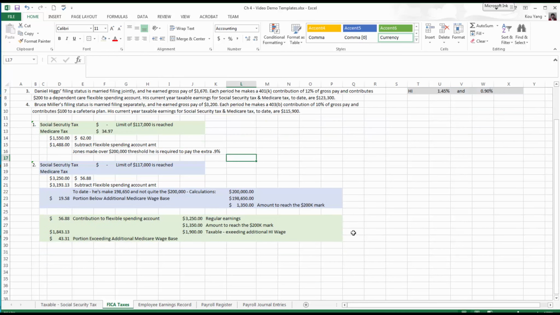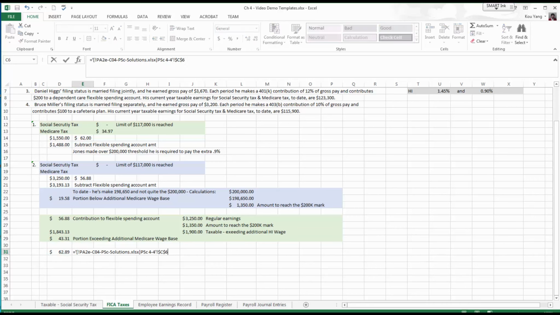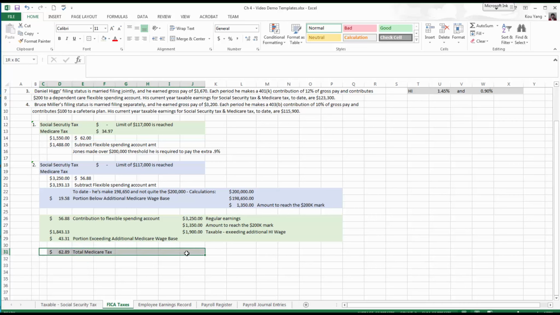Okay. All right. So from the portion below and the portion exceeding, I'm going to go ahead and add those two together. And that equals my total Medicare tax of $62.89.